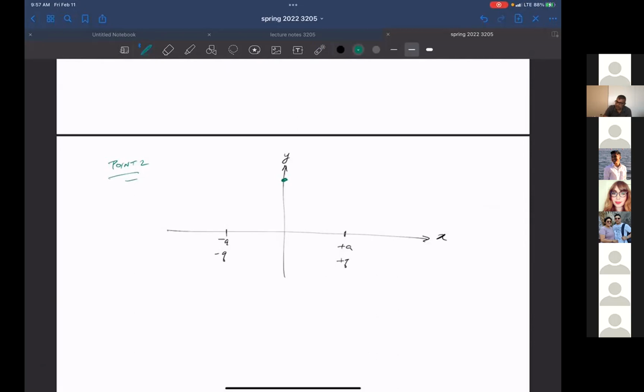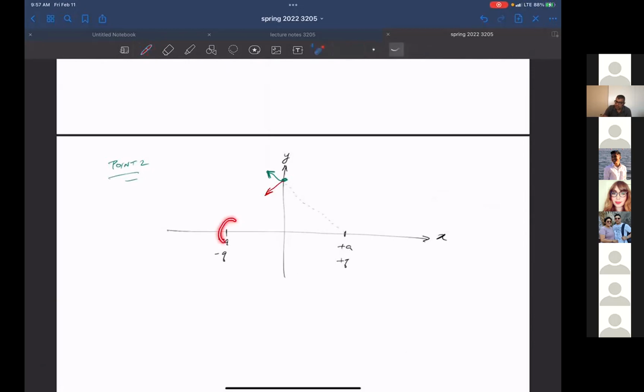The reason I picked the y-axis is that the positive charge is going to have a vector pointing away from it, and the negative charge is going to have a vector pointing down towards it.